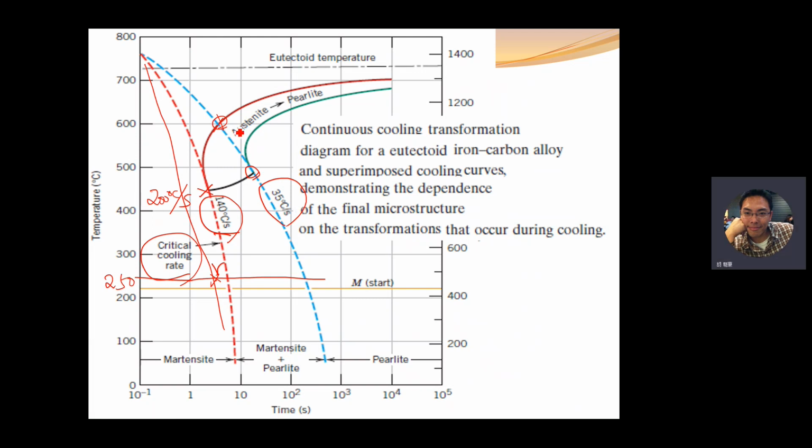So during this time is the transformation from austenite to pearlite with continuous cooling, or the continuous cooling transformation.